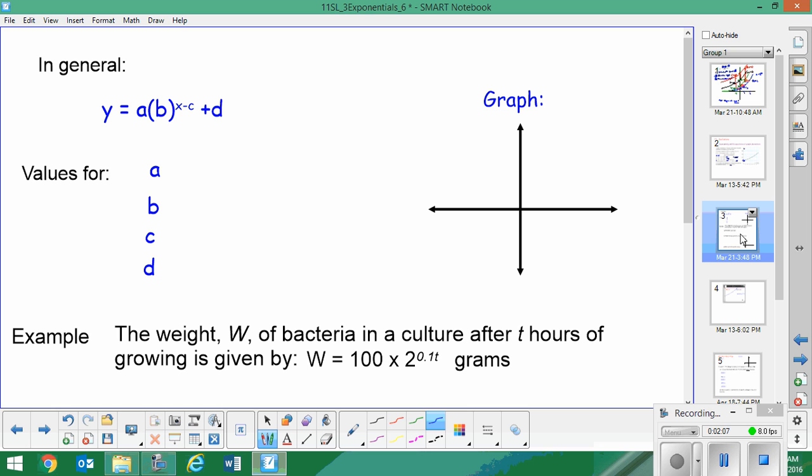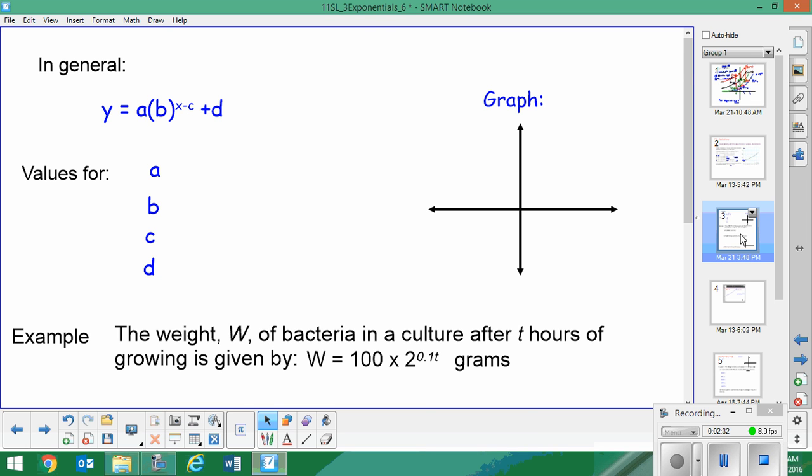So our general equation we've been looking at is a times b to the power of x minus c, plus d. That was our general type of exponential function. So what sort of values can we have for our a, b, c, d's? You might like to pause the video and have a go at putting some domains or particular values for these parameters.